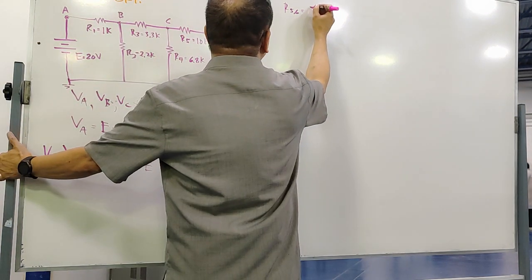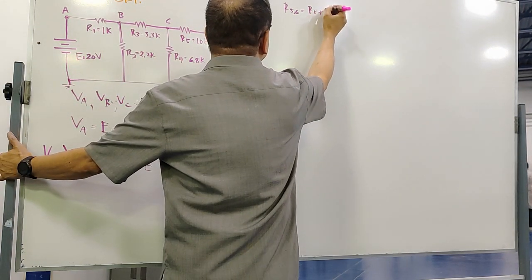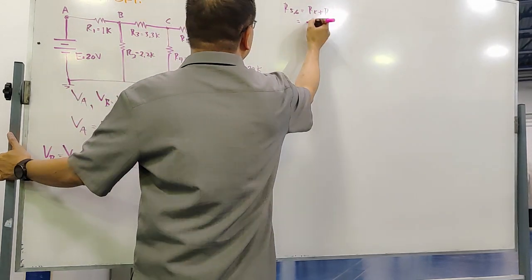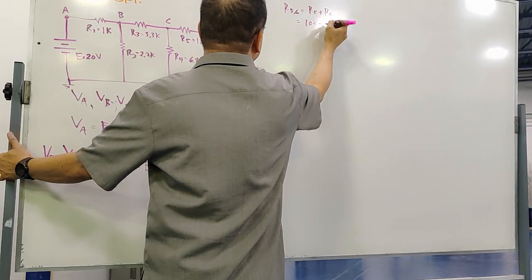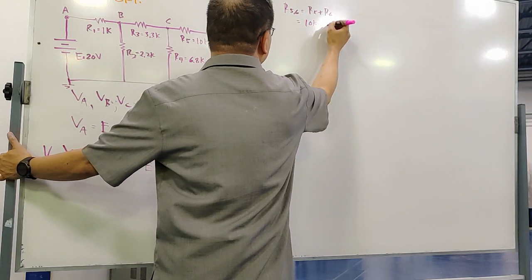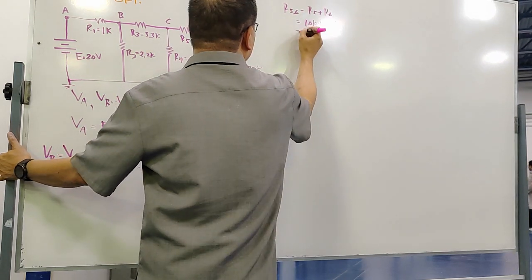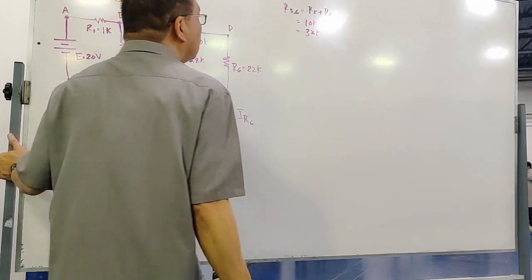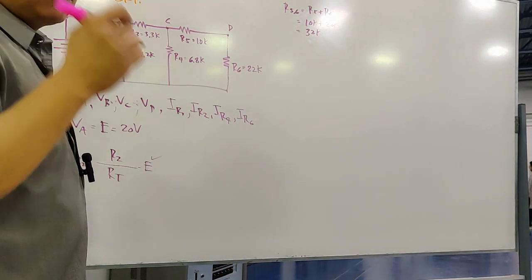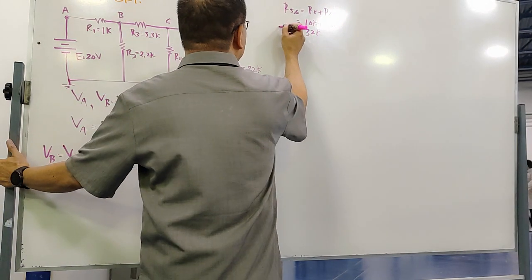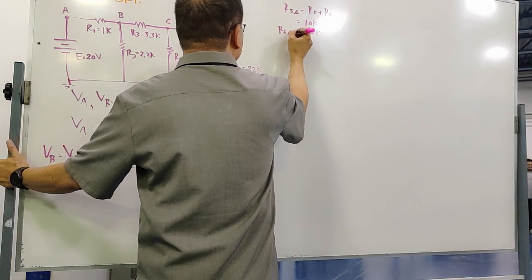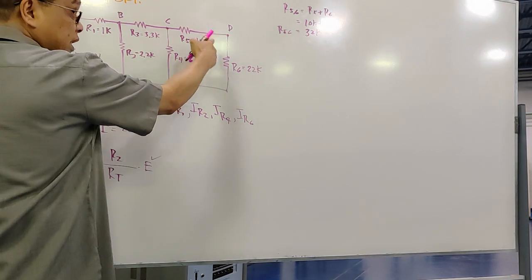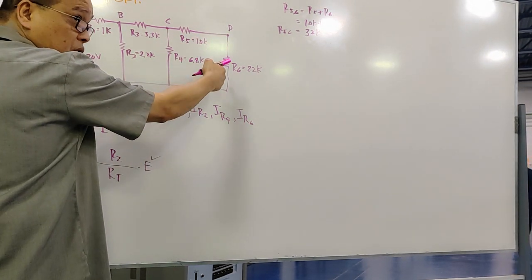So R5,6 is R5 plus R6, which is 10 kilo plus 22, so 32 kilo. Please prepare your calculator.